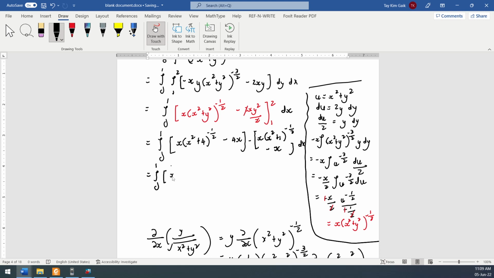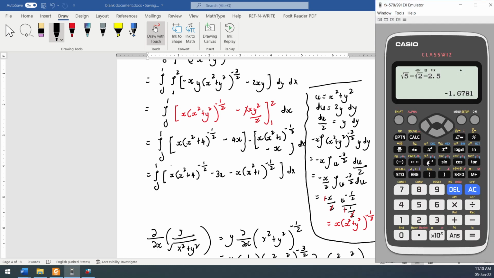So you get x times (x squared plus 4) to the power negative half, minus 4x plus x, so minus 3x, minus x times (x squared plus 1) to the power negative half, dx. If you're interested in integrating manually, follow the same technique: let u equal x squared plus 4. Here we use the calculator directly.